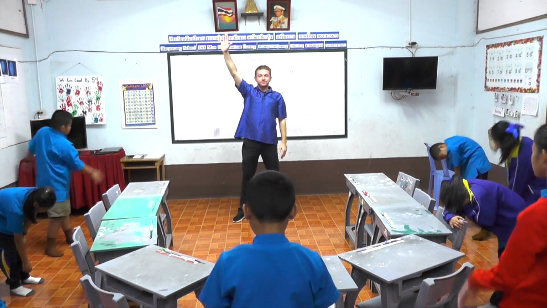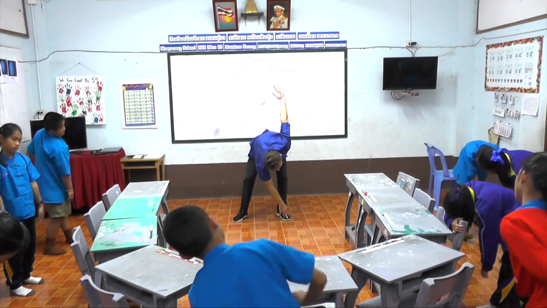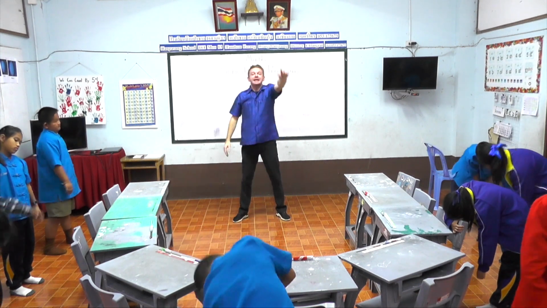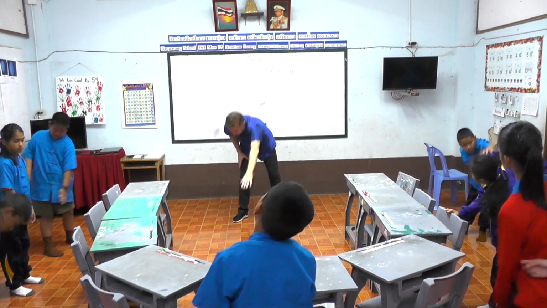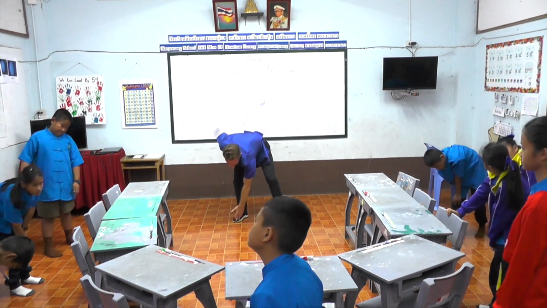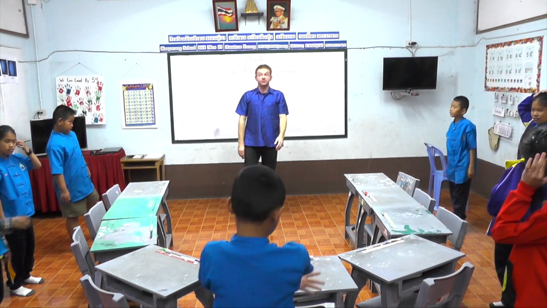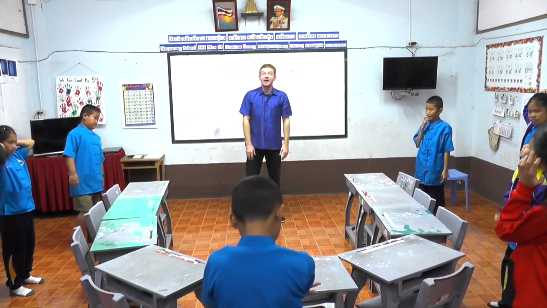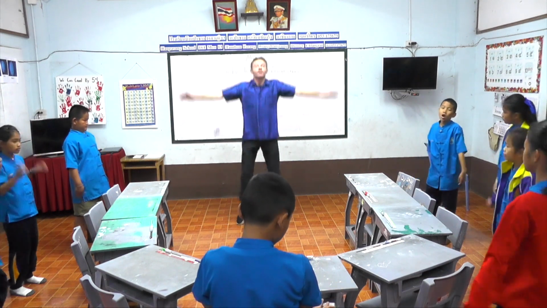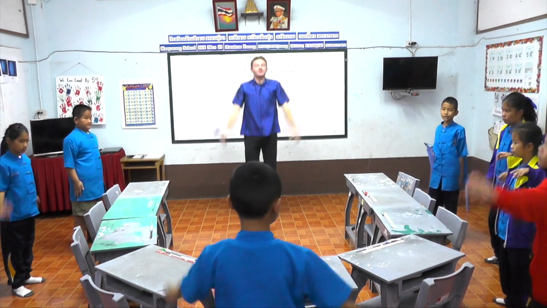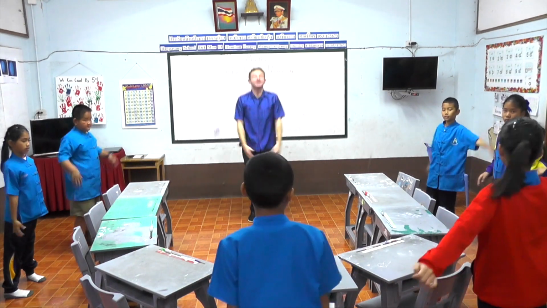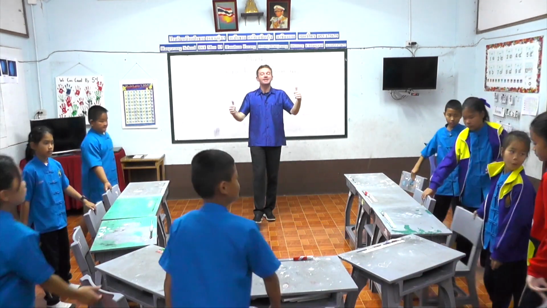Right hand, left foot. Left hand, right foot. Excellent. And to finish this section, guys, we're going to do 5 star jumps. 1, 2, 3, 4, 5. Excellent, guys. Have a seat.